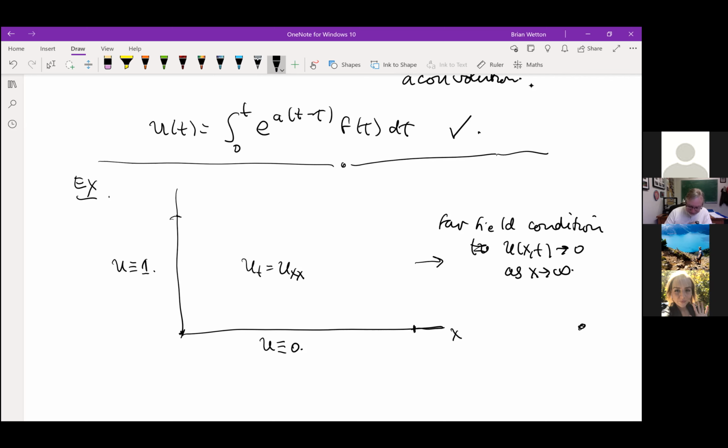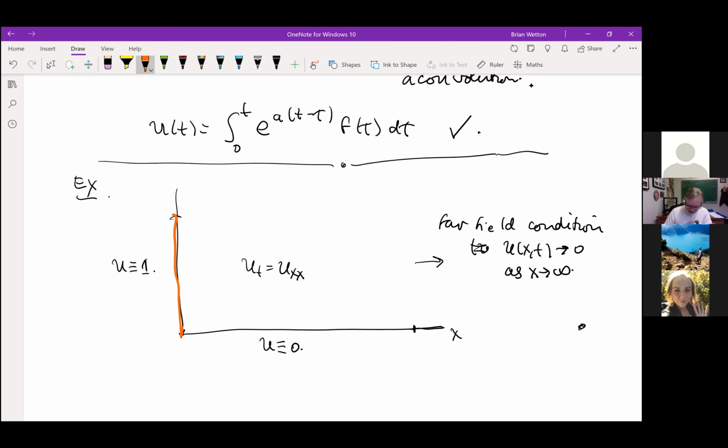And you notice this is mathematically interesting, not so physically interesting. You can imagine that this is an idealization of your rod, which you're heating up, and it was at 0 temperature, and you suddenly attach it to something that has a higher temperature, and you watch how that temperature enters into the domain.